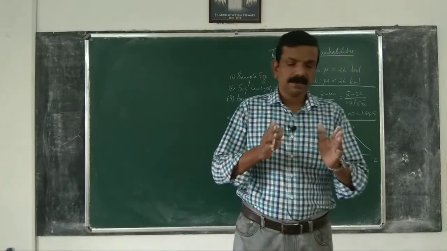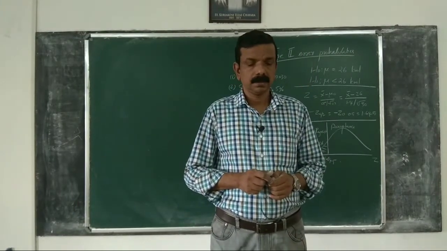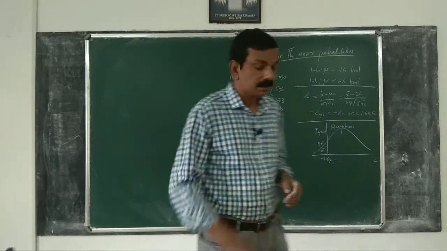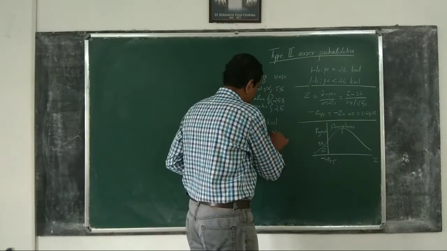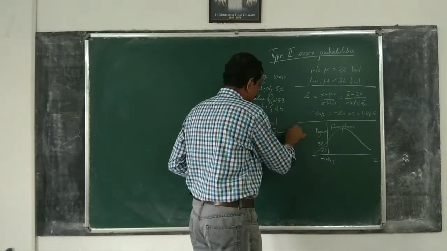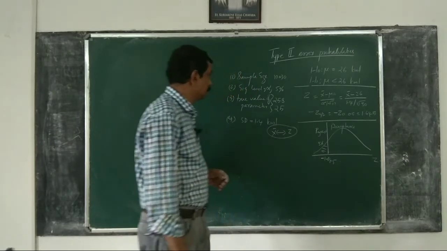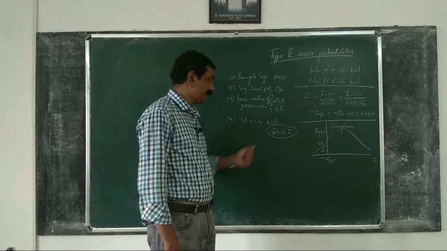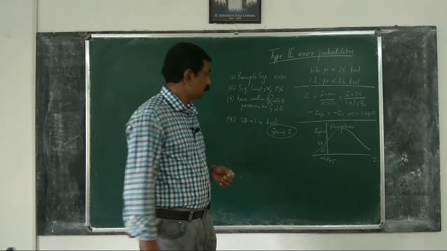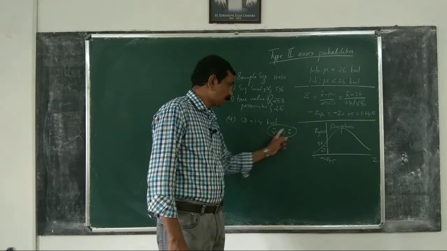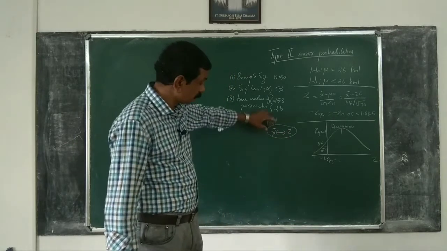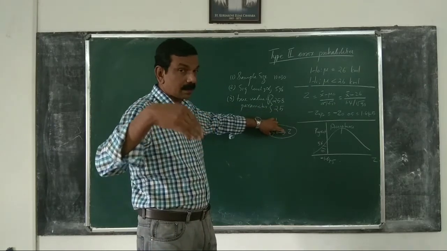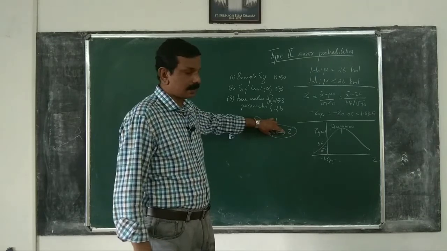Now, computation of type 2 error probabilities is easy if the decision criterion is expressed in terms of x bar rather than Z. As I told you earlier, the decision to accept or reject the hypothesis can be taken either in terms of x bar or in terms of Z. X bar is the estimator and its sampling distribution is directly used for decision taking.